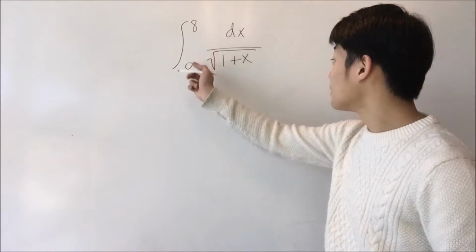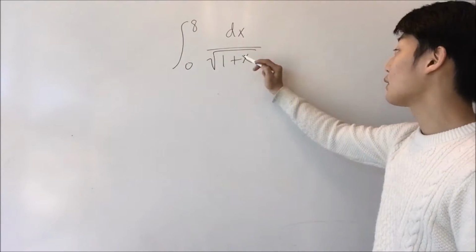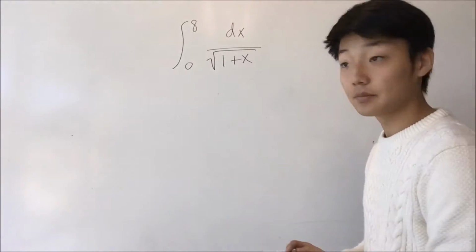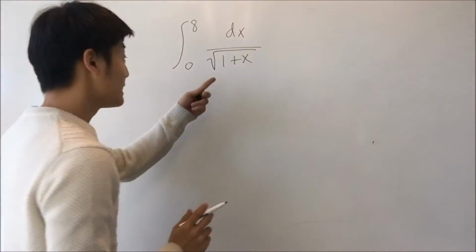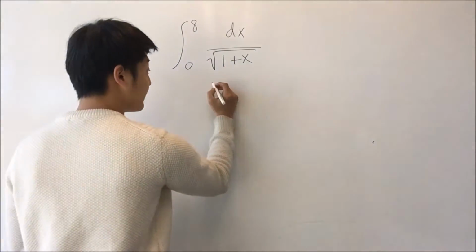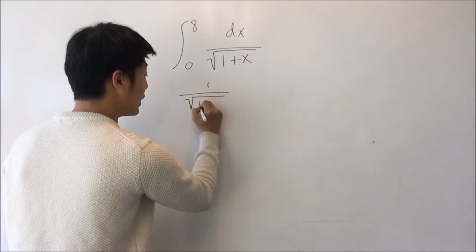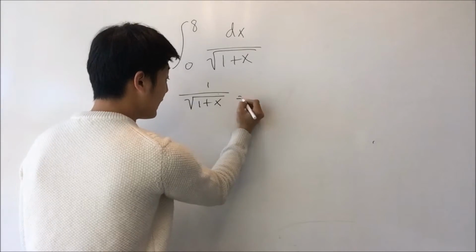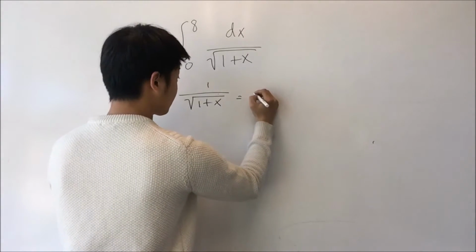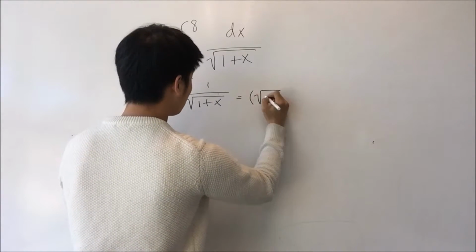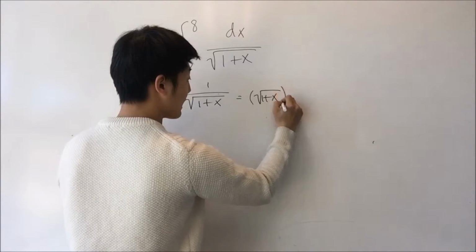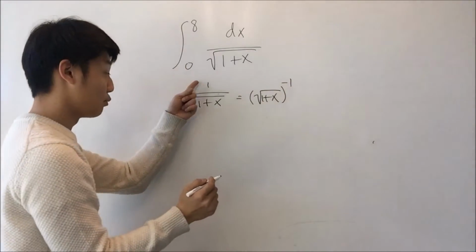Number 4. Number 4 is the integration from 0 to 8 of dx over radical 1 plus x. So let's simplify this equation first. Step by step, it will be 1 plus x, right? And then it will become radical 1 plus x to the negative 1 because it's 1 over.